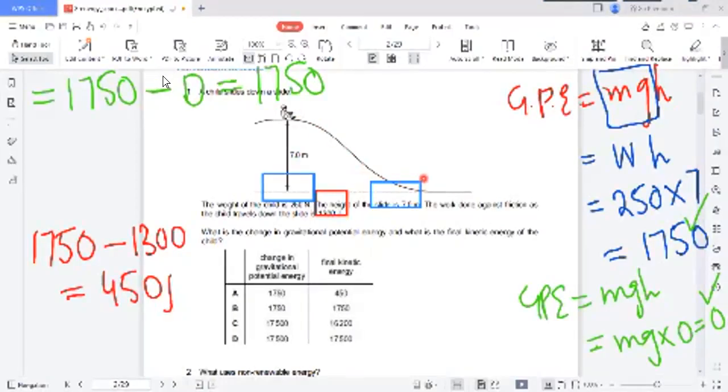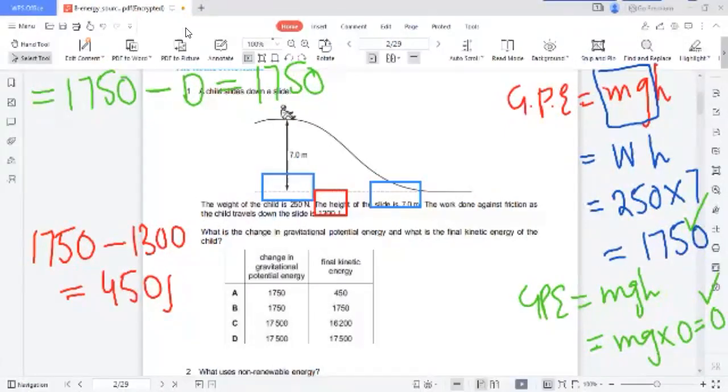And when the child reaches here, it would be in a state of motion, and there would be no height. So no height means no gravitational potential energy, and only kinetic energy. So this 1450 is nothing but kinetic energy. So kinetic energy is 1450.